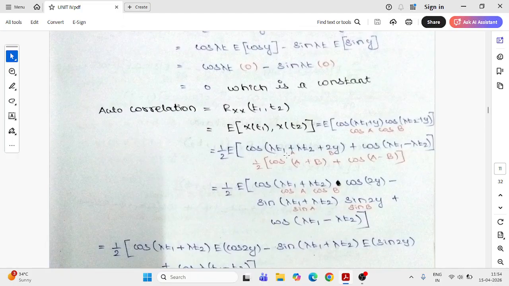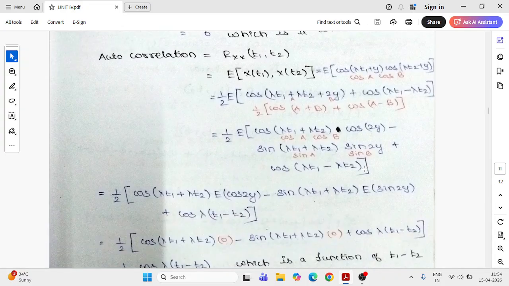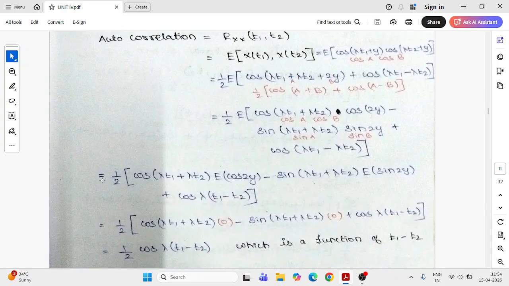Now if you simplify this, cos(a + b) is cos a cos b minus sin a sin b, so this term alone has been changed, and this term stays as it is. Now you can see this 1/2.